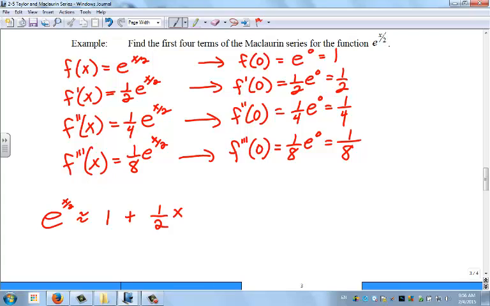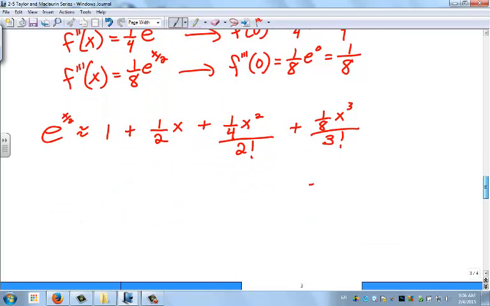And then the next one is plus f double prime of 0, 1/4, times x squared over 2 factorial. Second derivative, second power, 2 factorial. And then finally, plus f triple prime of 0, which is 1/8, times x to the third over 3 factorial. Third derivative, third power, 3 factorial.